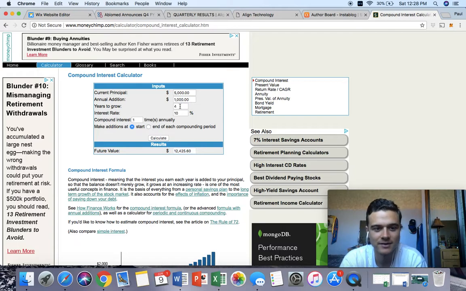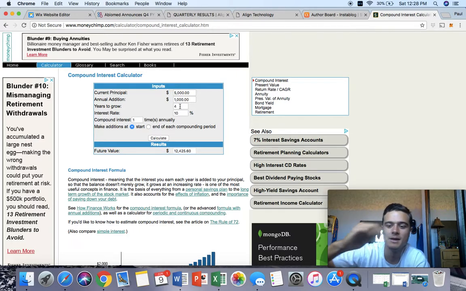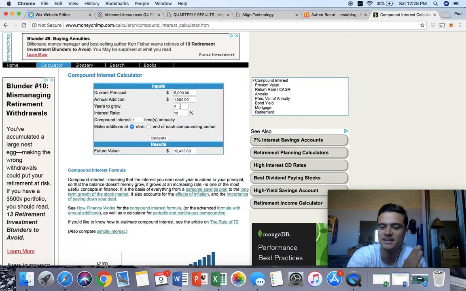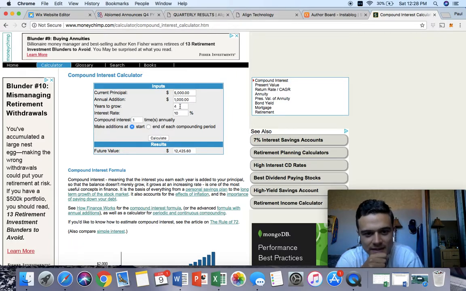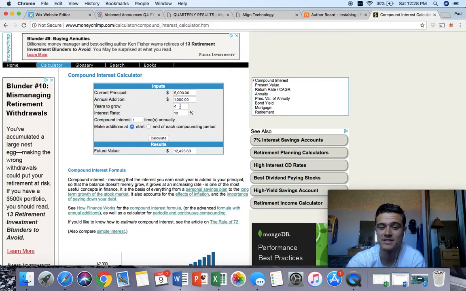But the thing about compound interest is that it's an exponential function. Linear functions go in a nice straight line, but an exponential function has a curve to it. Einstein actually called compound interest the eighth wonder of the world. And another person said the greatest shortcoming of the human race is that our brains fail to understand the exponential function.